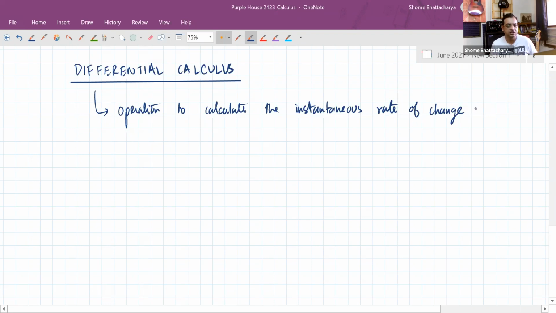So in this case, let's say instantaneous rate of change of any dependent variable. I'll explain this term again, dependent variable. Let's say y, with respect to an independent variable.